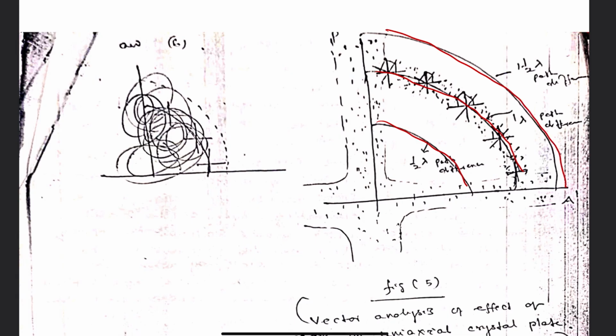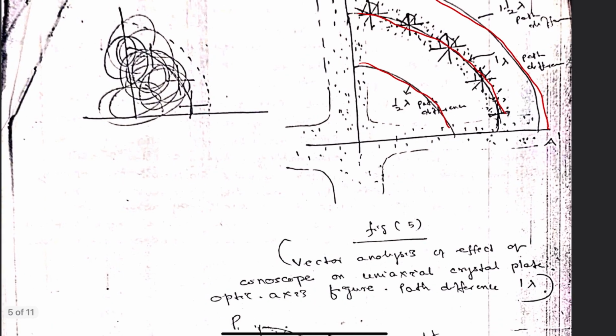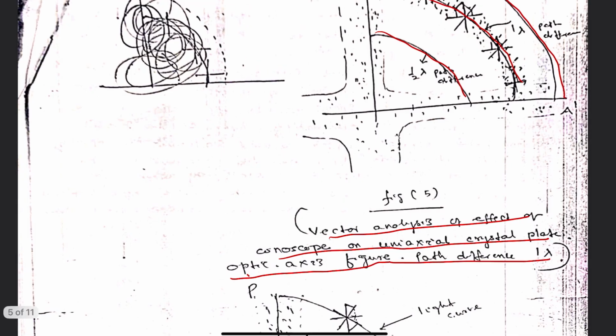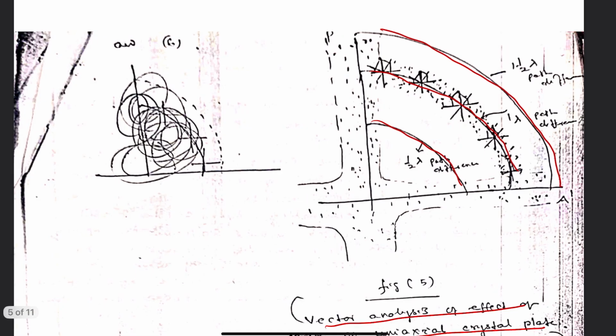Let us say the effect is P lambda, the case when darkness results when you talk about monochromatic light. The vector analysis of effect of conoscope on uniaxial crystal plate in optic axis figure with path difference 1 lambda. This is for 1 lambda.